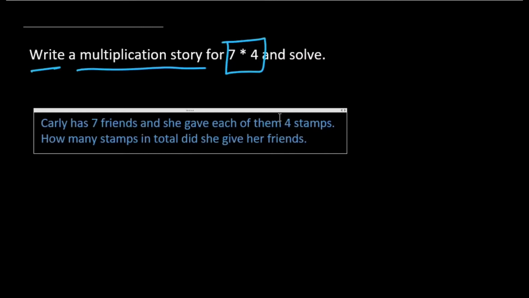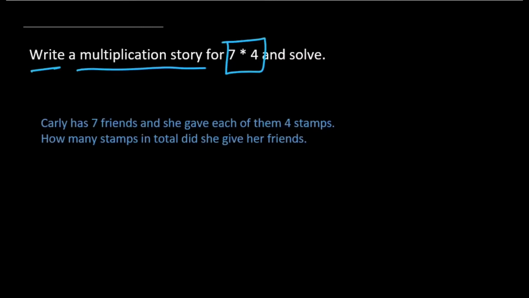Okay, so let's highlight some key points. Carly has 7 friends, and she gave each of them 4 stamps. And the question is, how many stamps in total did she give her friends? So we want to find the stamps that she had in total that she gave to her friends.